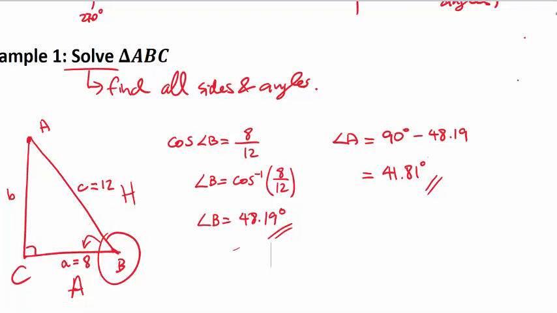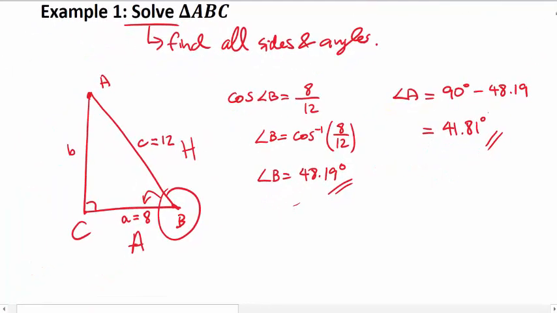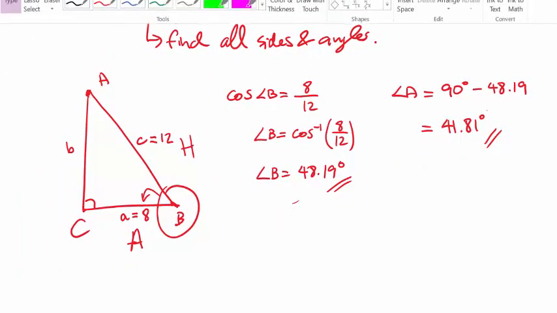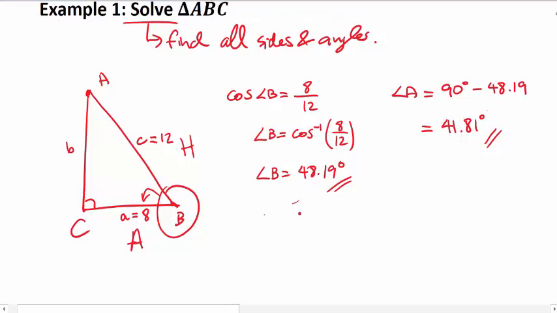And now I just have to find side b. In order to find side b, I can do it 2 ways. I can either use the Pythagorean theorem or I can use SOHCAHTOA. So let's do it both ways. If I were to do it using the Pythagorean theorem, it would be 8 squared plus b squared equals 12 squared. b squared equals 12 squared minus 8 squared.